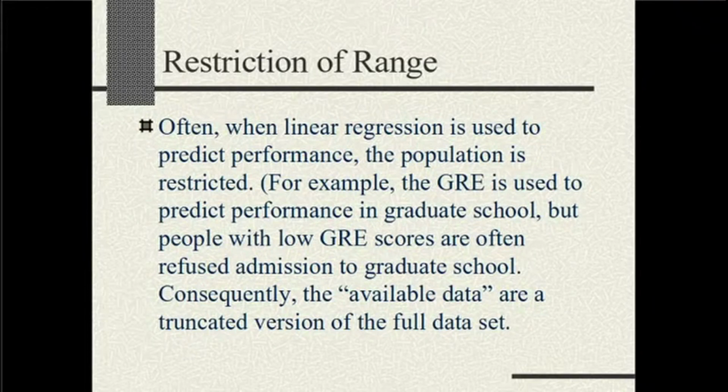Then restriction of range, a typical problem called the truncation of data, or sparse data in some cases. This is a good example actually. You have GRE score and IQ level or something like that, or GRE score and employability, right.